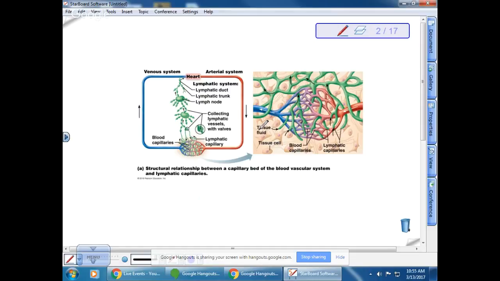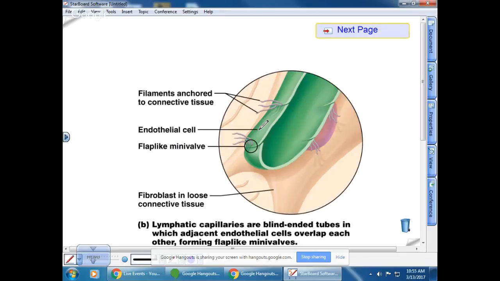So the blind-ended vessels have little flaps on them that allow them to open up if the pressure in the tissue increases. So let's say that you get an increase in pressure in fluid. What that does is that opens up that flap, and then the fluid will just kind of move in.